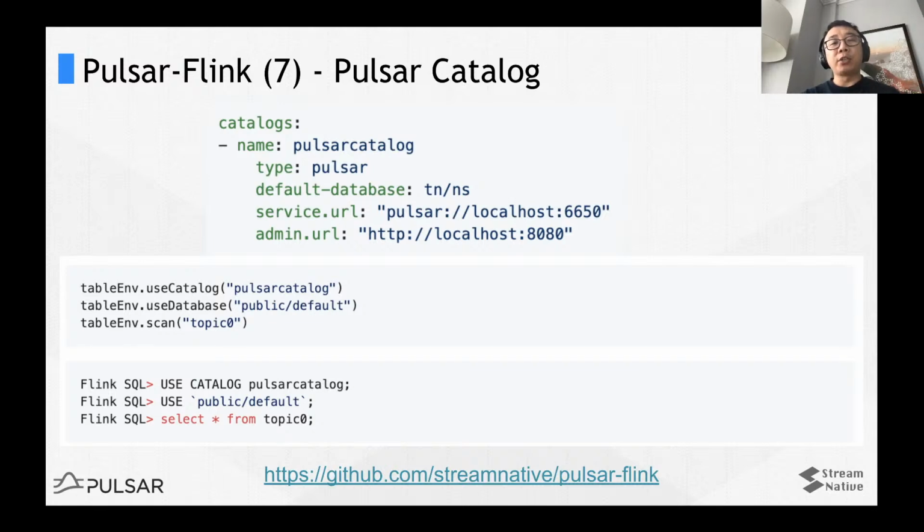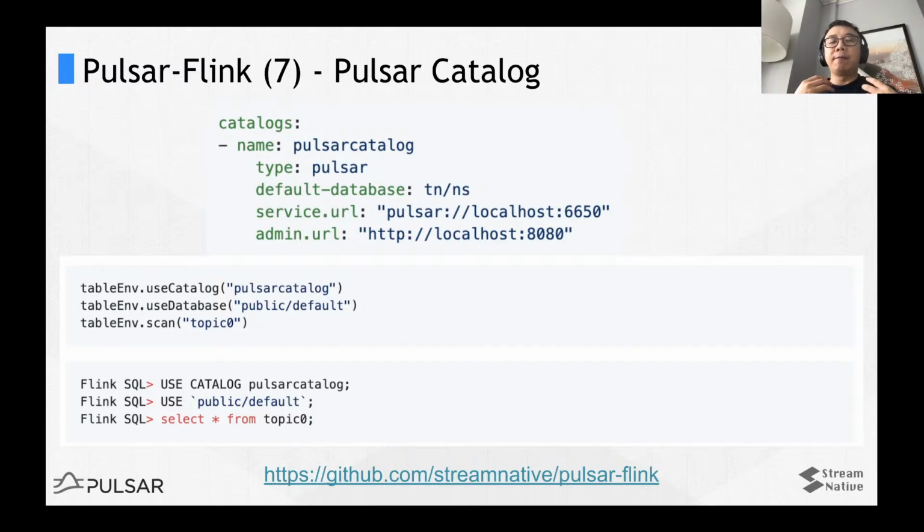The Pulsar Presto integration is basically making Pulsar a catalog for Presto, so the Presto query engine can query the Pulsar topics. And the Flink catalog is very similar. We are making Pulsar a catalog for Flink.